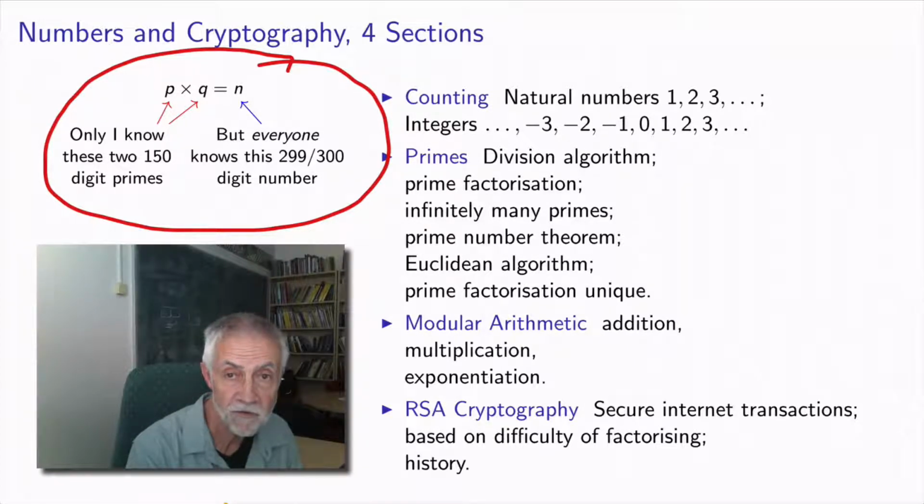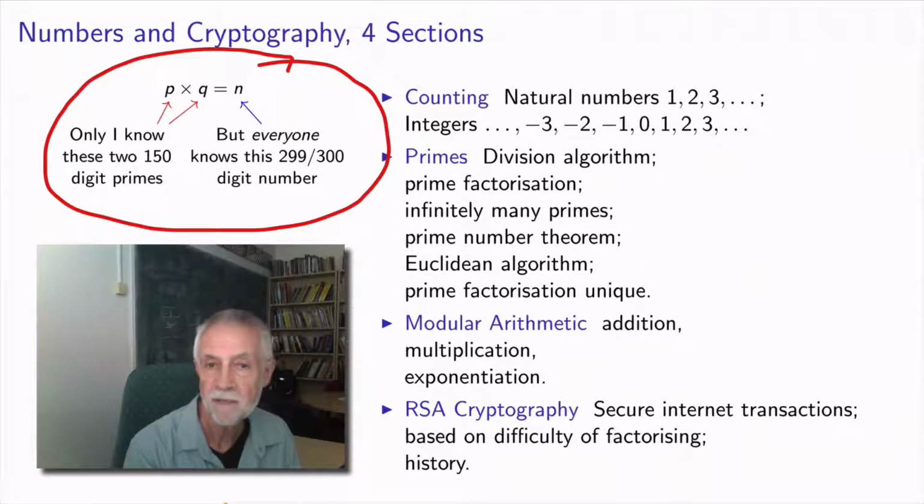Multiply them together and you get a 300 digit number. I publish that 300 digit number. People then can use that 300 digit number to code up their messages to me. But nobody else beside me can decode it, and that's essentially because I know the 2 factors in that 300 digit number.